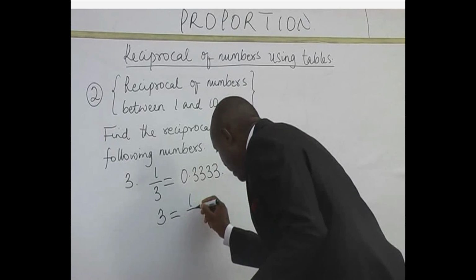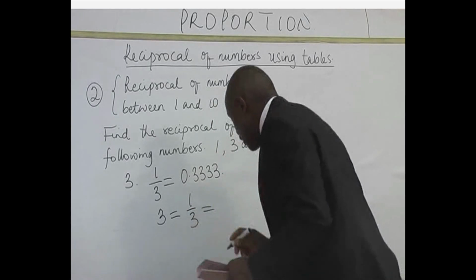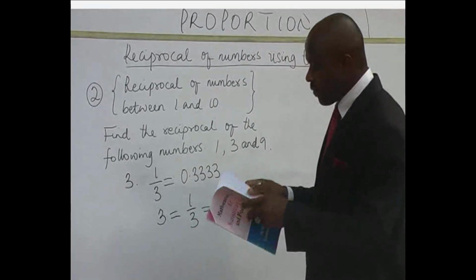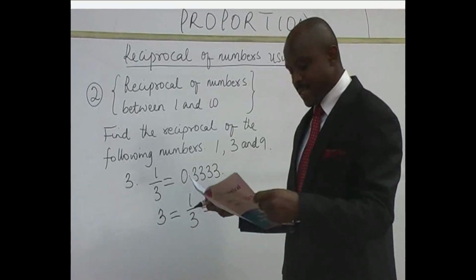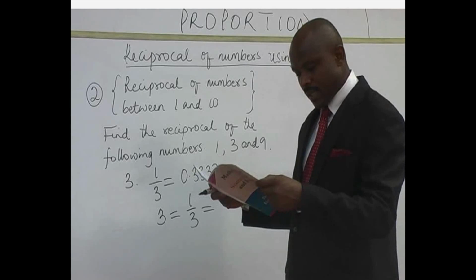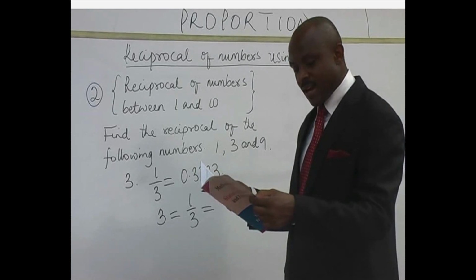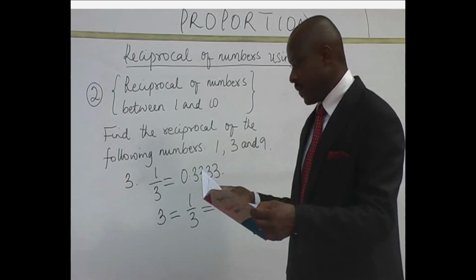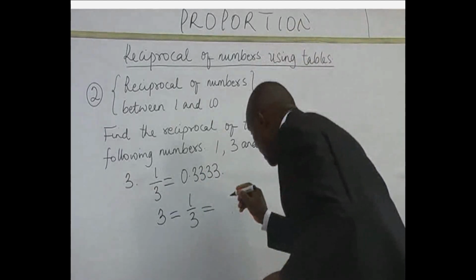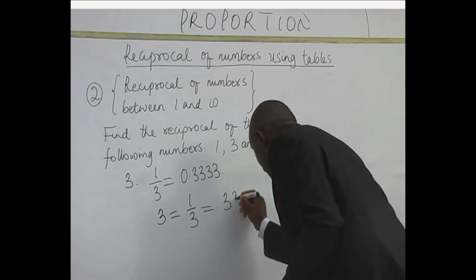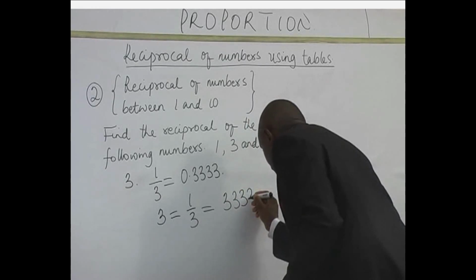So 1 all over 3 is going to be, go to your 4-figure table, page 6. Look for 30. 30 is giving us 3, 3, 3, 3. 33, 33.